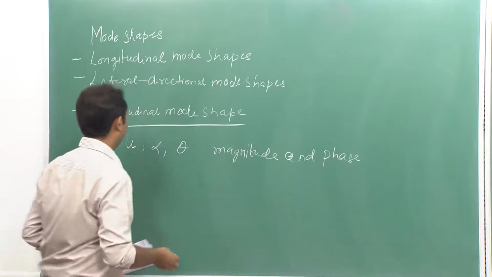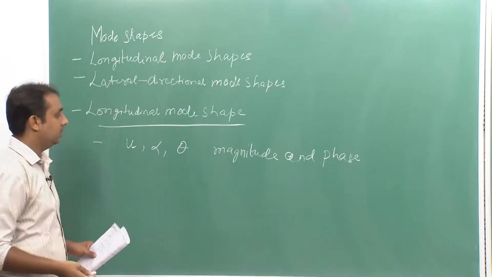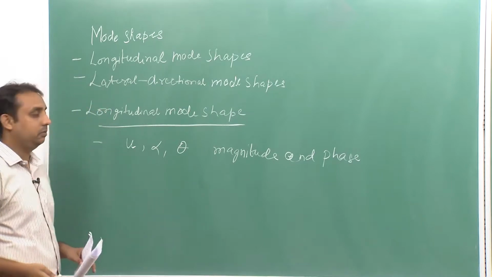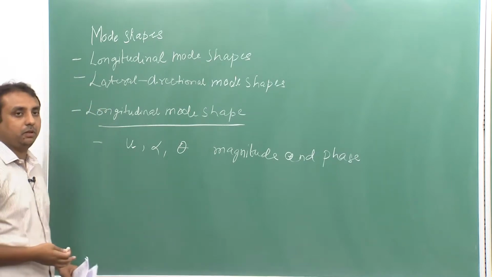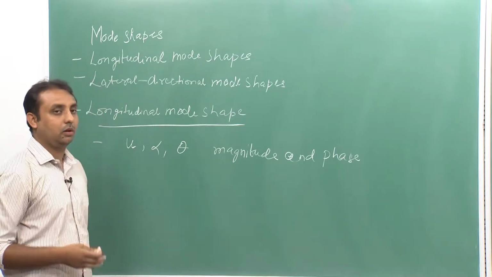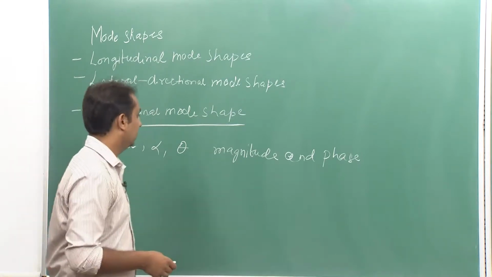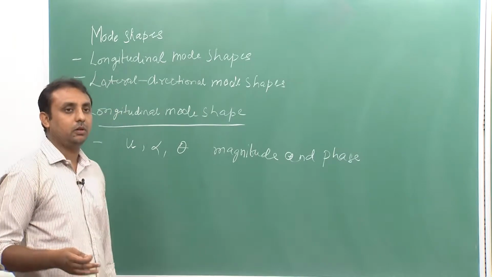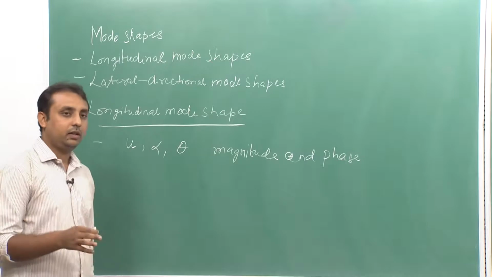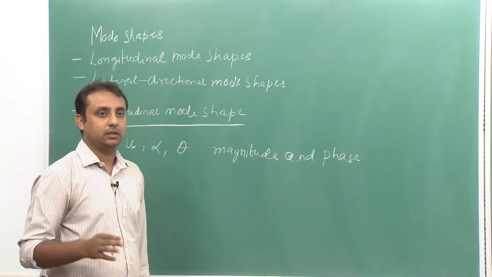What is the relation between these three variables in terms of magnitude and phase? The best way of deriving the relationship is to use the longitudinal equation of motion, free from elevator deflection and gust.